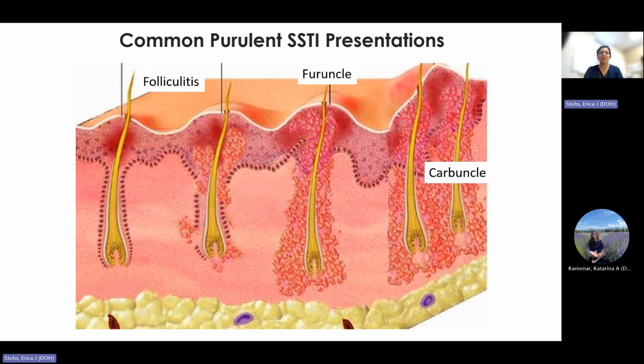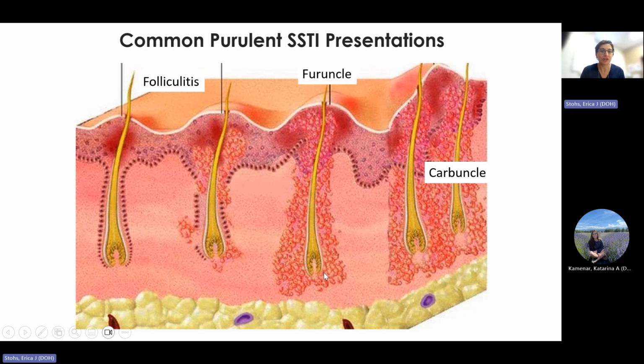I showed you an example of a single abscess, but as you have probably seen, there are different ways this presents. Examples are folliculitis, where a singular hair follicle is infected, and you may only see it where the hair follicle is originating. As that infection progresses, it gets deeper, and you can see here these white blood cells going down the length of the hair shaft.